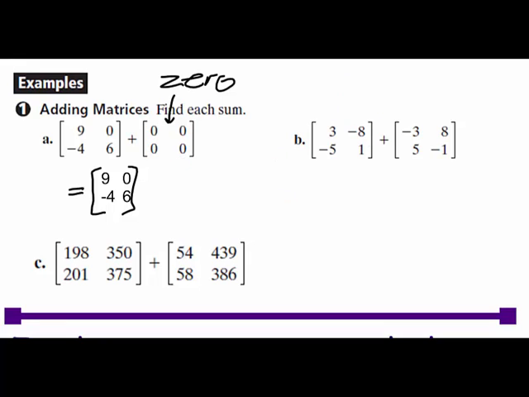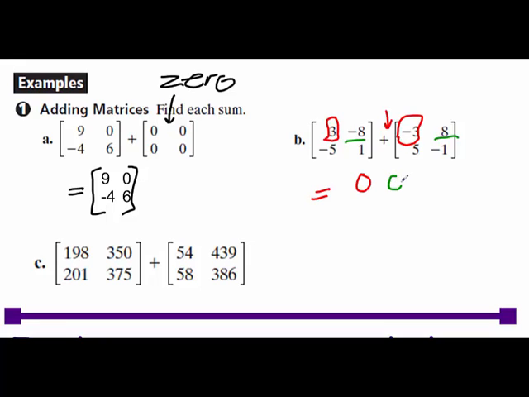Over here in this practice, we're going to start looking at our corresponding elements. We're going to add them together because it tells us we have addition in the middle. It's a 2 by 2 matrix here, 2 by 2 matrix here. I can add them together. So 3 plus negative 3, oh, that's a 0. Negative 8 plus a positive 8, oh, wait a second, that's a 0.